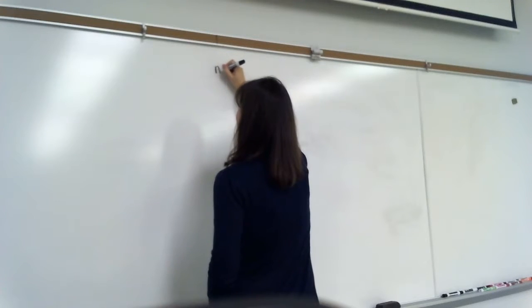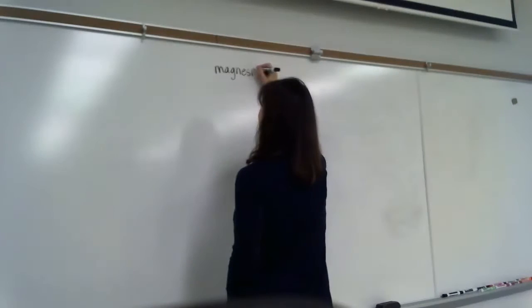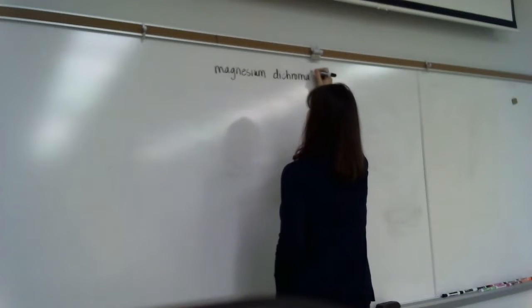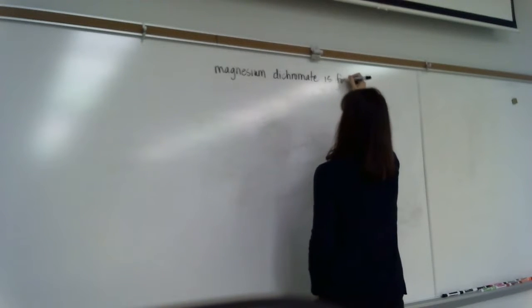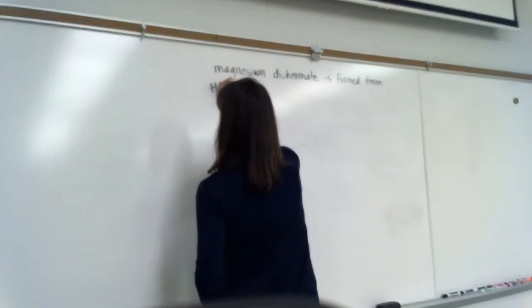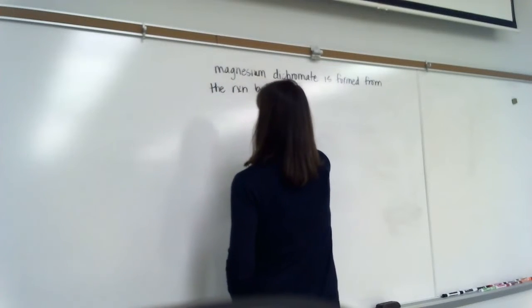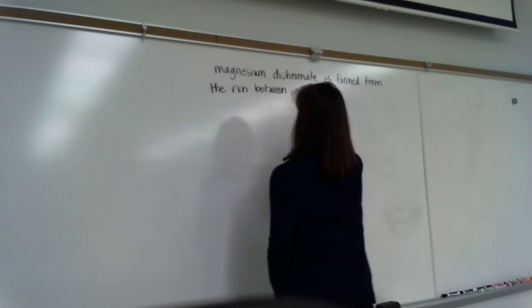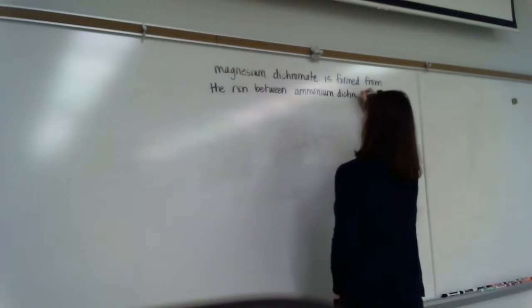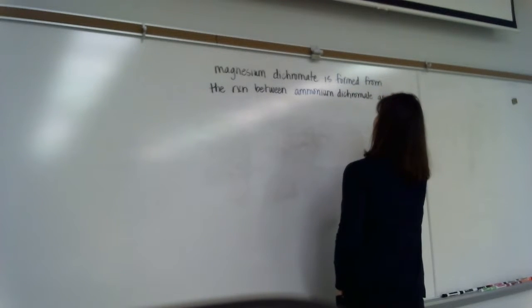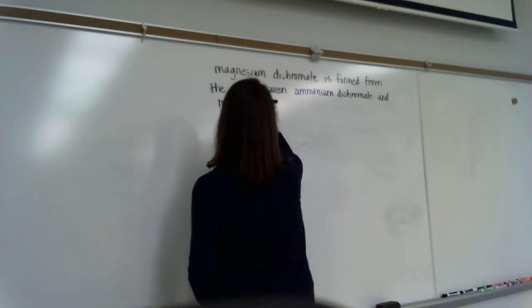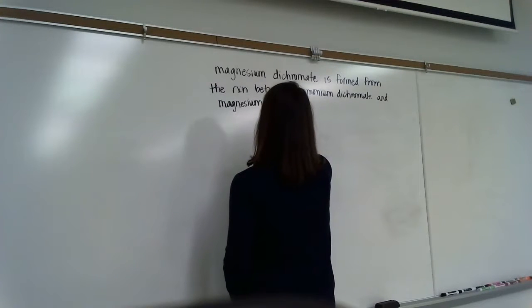Let's do magnesium dichromate is formed from reaction between ammonium dichromate and magnesium nitrate.